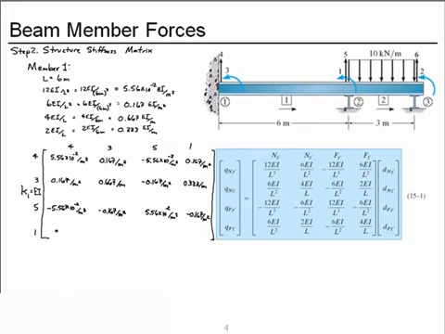Then the 6 EI over L squared, 0.167, 2 EI over L, a minus 6 EI over L squared, and 4 EI over L, 0.667 per meter. Now we want to check, are the diagonal terms non-negative?